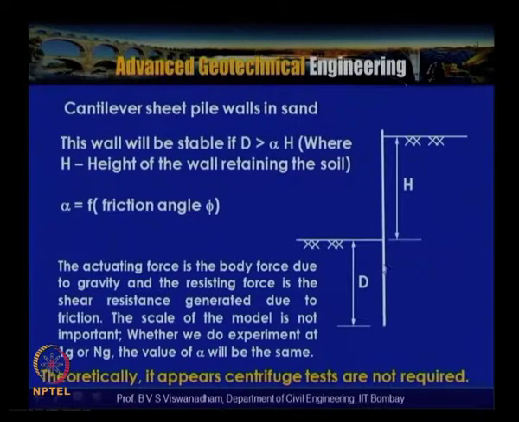But if you have a very flexible sheet pile wall, there is a possibility that the wall undergoes buckling failure, and a permanent hinge can form somewhere here, which is the point where the maximum bending moment is generated. So theoretically, for cantilever sheet pile walls in sand, centrifuge model tests are not warranted as long as d is greater than alpha h, where alpha is a function of the friction angle phi.